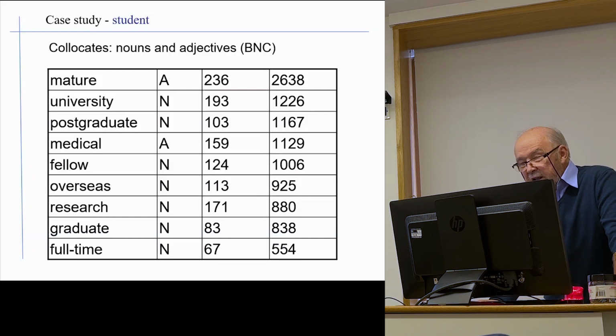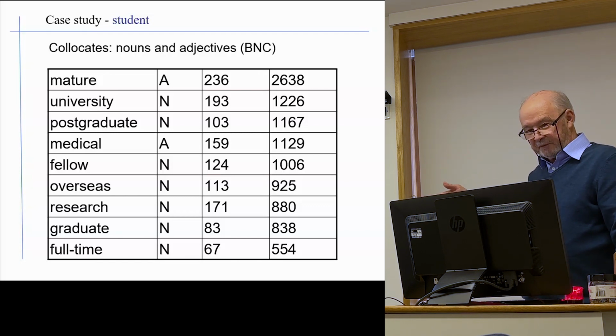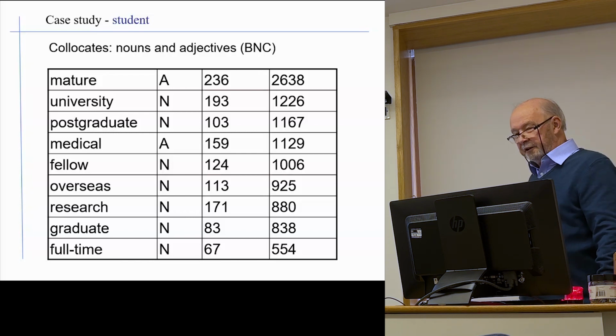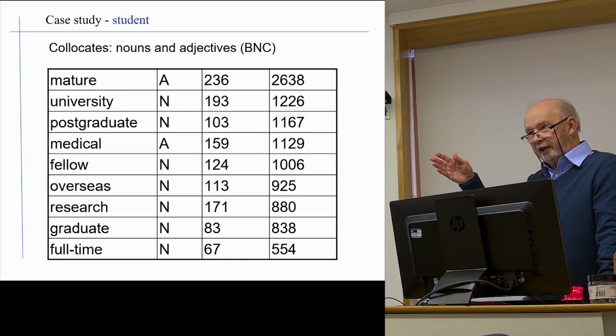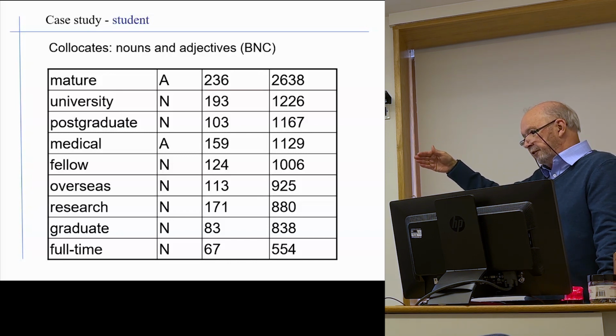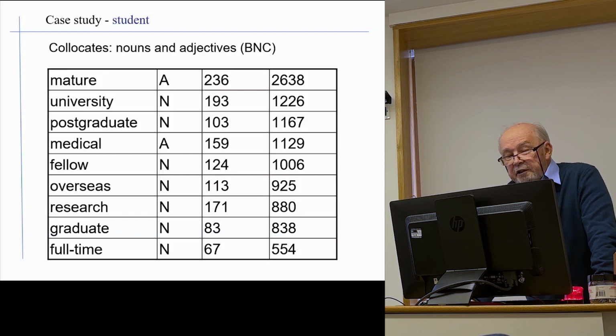The column, which has 236, 193, etc., is basically the number of occurrences, and this is the British National Corpus. And the figure on the right is the log likelihood, so it gives you an idea of the strength of the collocation based on the number of times you would expect these two words to co-occur.